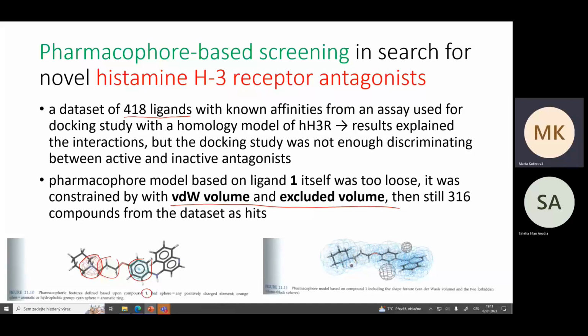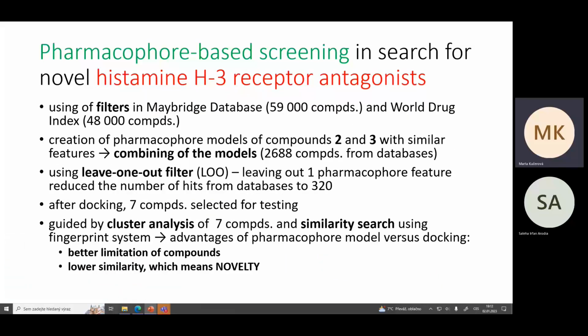On the right side figure, you can see the final pharmacophore model, and they tested huge databases, Maybridge and World Drug Index database.